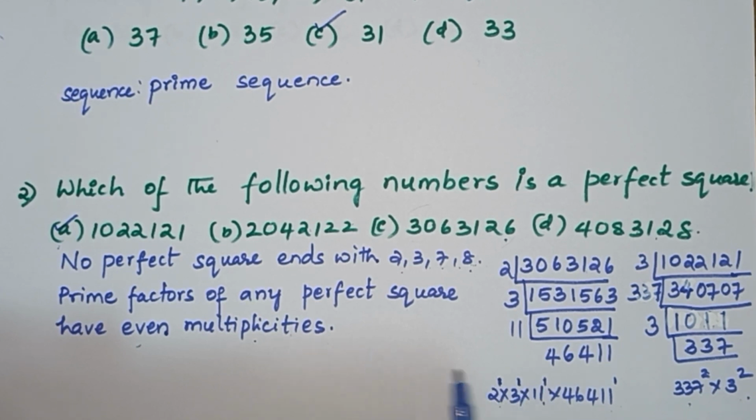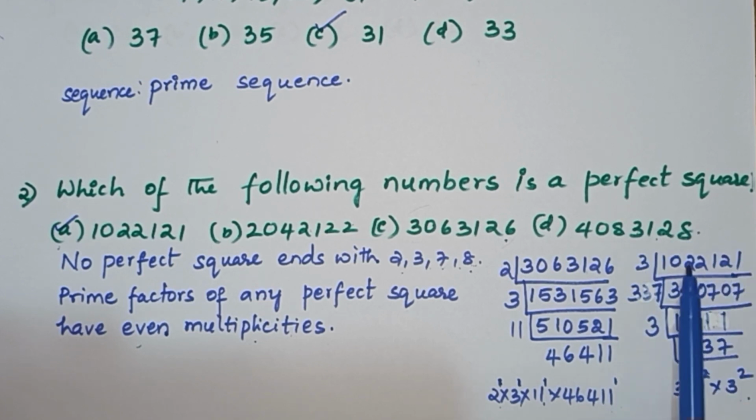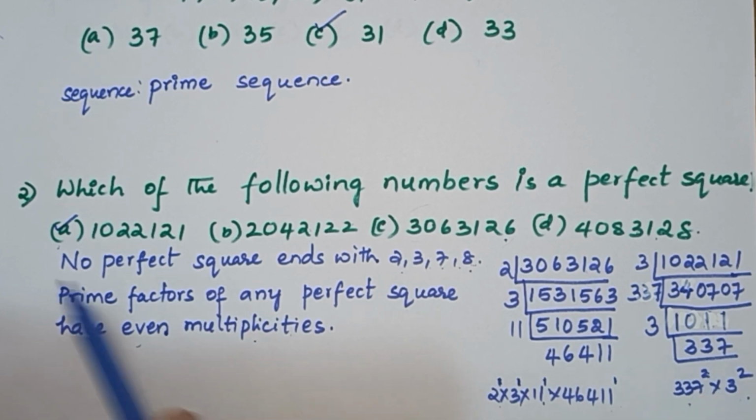That is nothing but multiplicity. Multiplicity of each prime factor is 1, which is odd, but a perfect square should have even multiplicities. Therefore, this cannot be the answer. When you find the prime factorization of this number, you will get prime factors with even multiplicities. Therefore, the answer is first option.